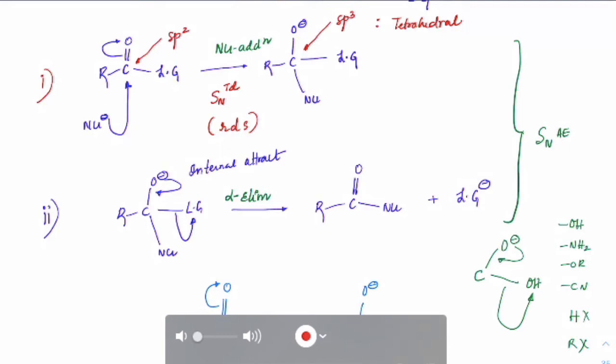Now here we have to judge which is the better leaving group. If the double bond closes, Cl will only leave. Once after the addition, what I am adding as the nucleophile is either an R group, or some other group which is a weaker leaving group than the current leaving group.